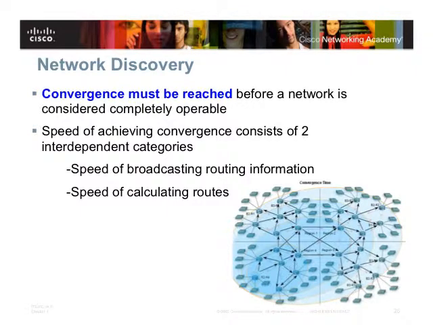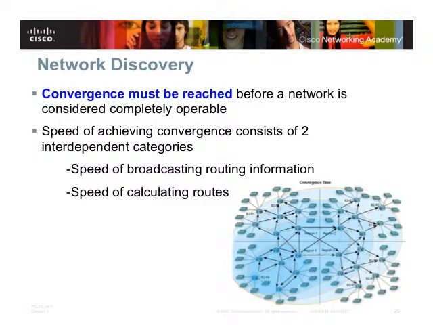Of course, in reality, the network is not operating correctly until it reaches that convergence state, right? Because before that, as we will see in a minute, there may be some missing information that may in fact cause some routing loops to happen, unfortunately.